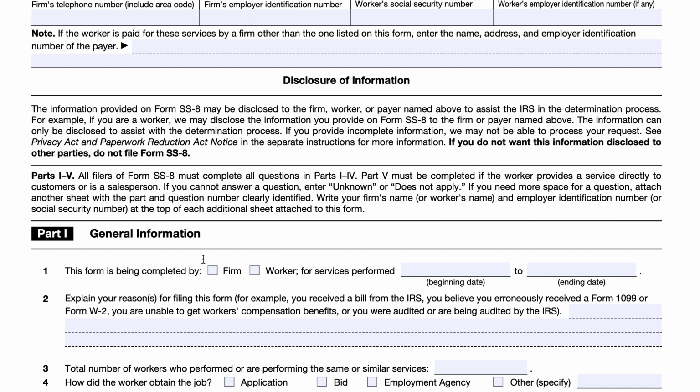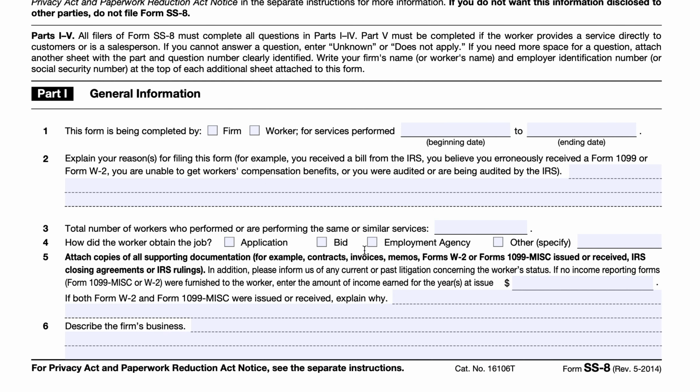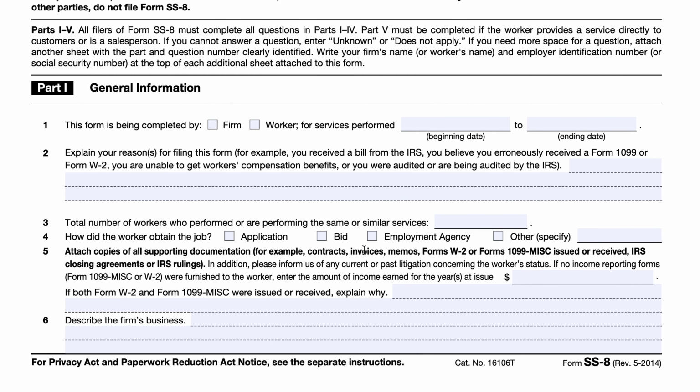In Part 1, you're going to complete whether or not you're the firm or the worker. You're going to set forth the beginning and the end date of your employment, and then you're going to enter information for the reason you're completing the form. We're not going to go into exact details line by line like we'd normally do, simply because there's really almost no specific line by line guidance in the form instructions themselves.